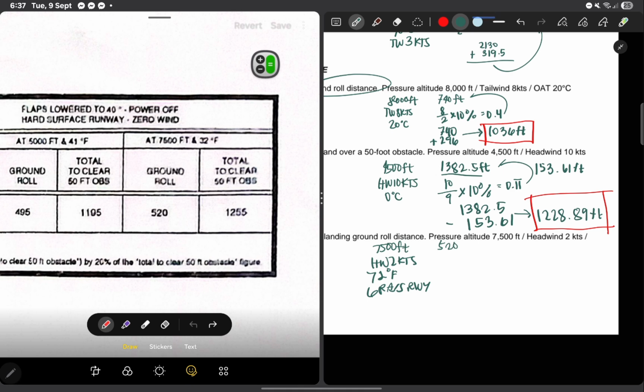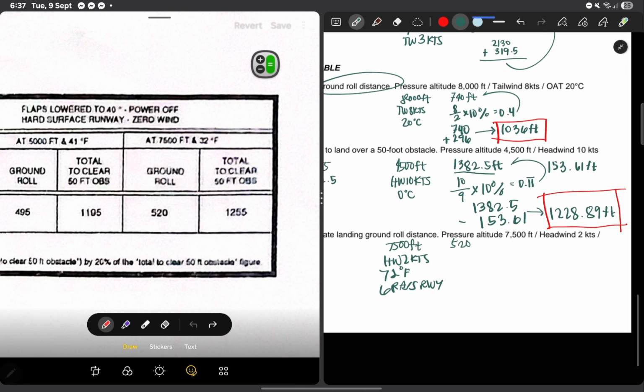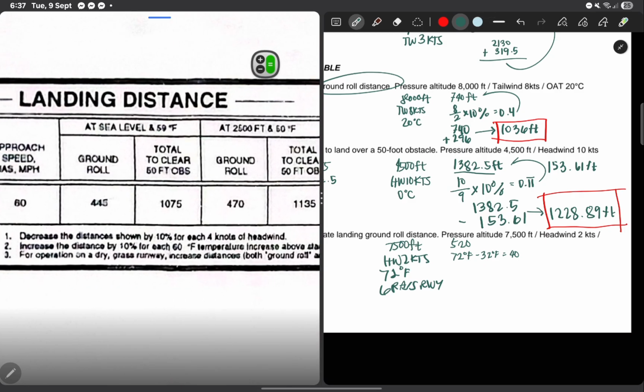Next, we have 72 degrees Fahrenheit, right? Over here at 7,500 feet and 32 degrees Fahrenheit, we have a formula: 72 degrees Fahrenheit minus 32 degrees Fahrenheit is equal to 40. Let's read what it says over here.